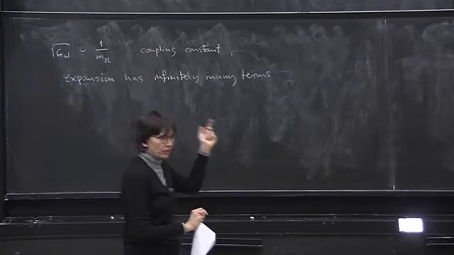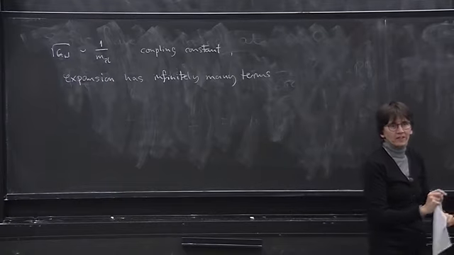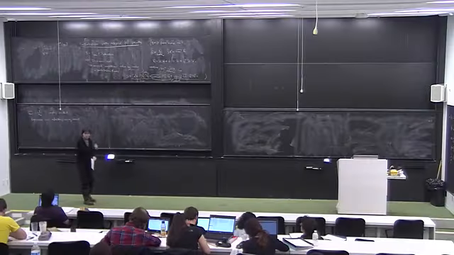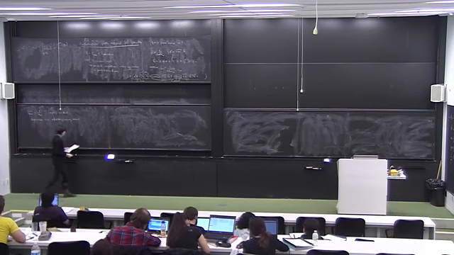You get, for example, the square root of the determinant of g, and expanding that will immediately generate an infinite number of terms. So it doesn't just break off after a finite number of terms already at this stage.